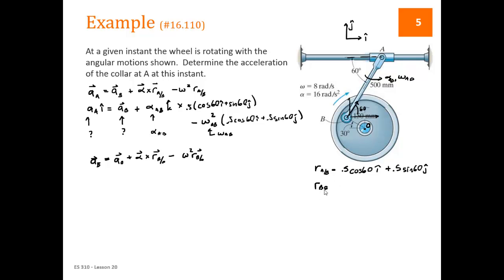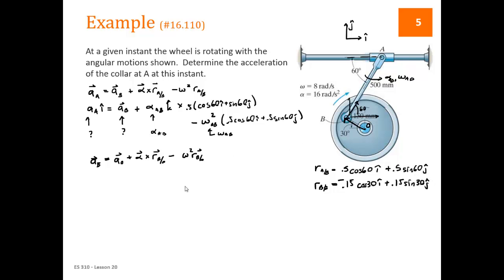It's the position of B relative to O, so it's that distance right there. So the distance is 0.15, the radius there, right? And the first part, the i hat direction, is going to be negative, and it'll be cosine of 30 i hat, and the j hat direction is positive 0.15 times the sine of 30, which is the opposite over there, j hat. So that's our R.